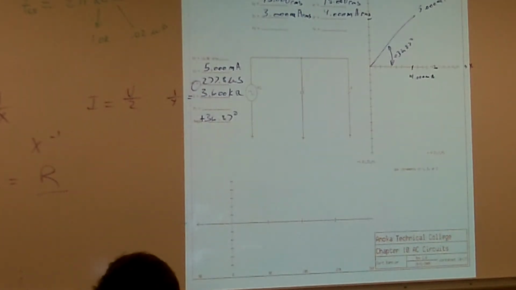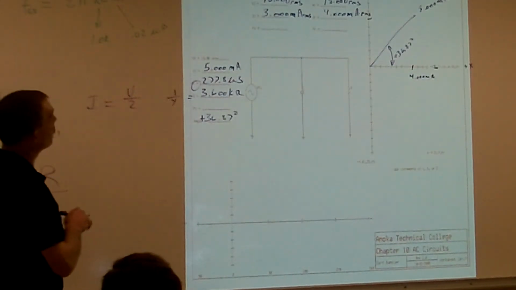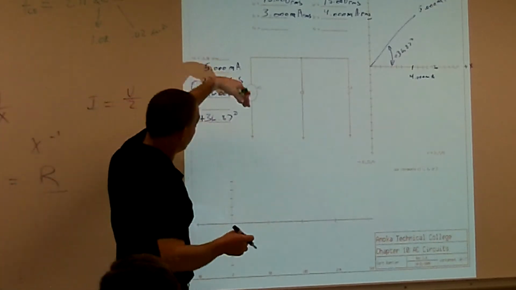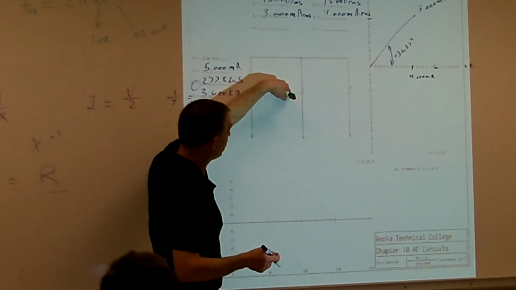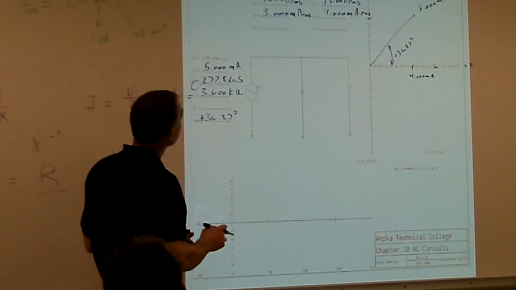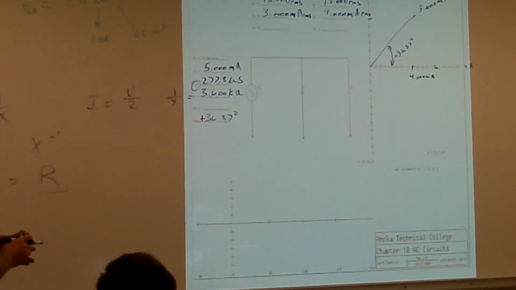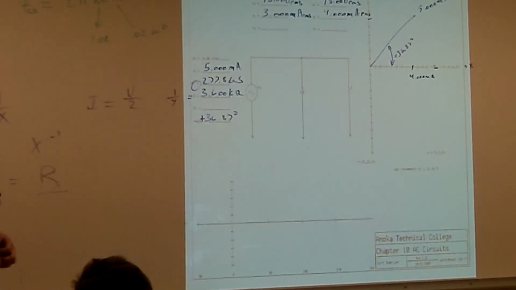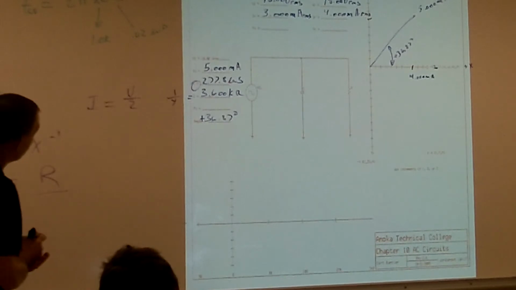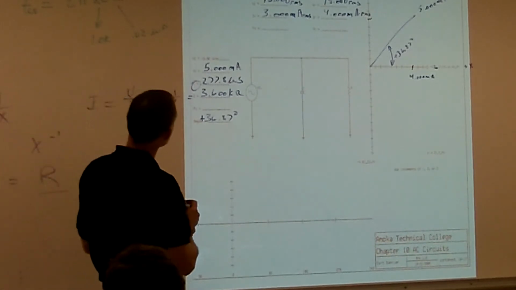So it's the same way we did it on the other one. The only difference this time is that it's based on our current. Then we can just calculate using Ohm's law to figure out our powers.